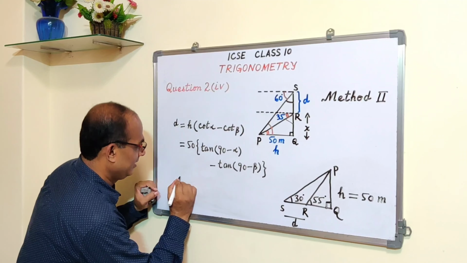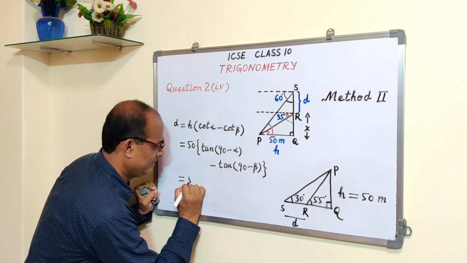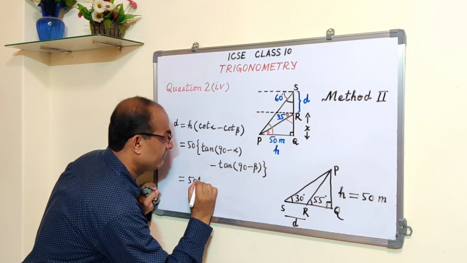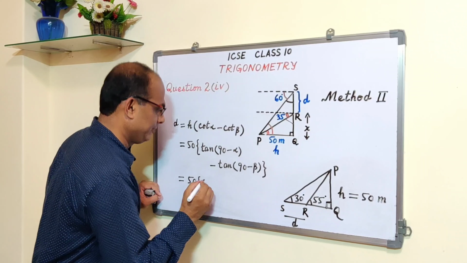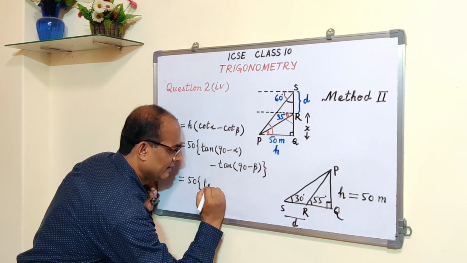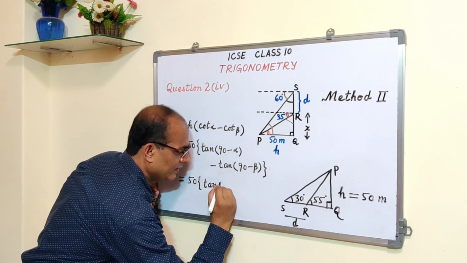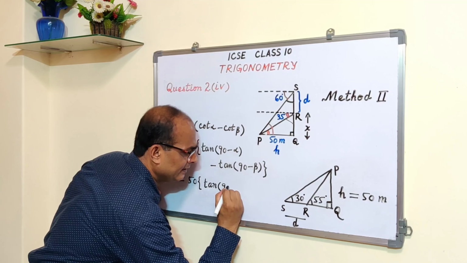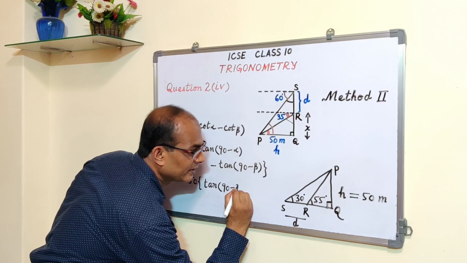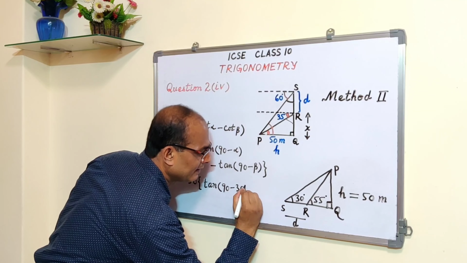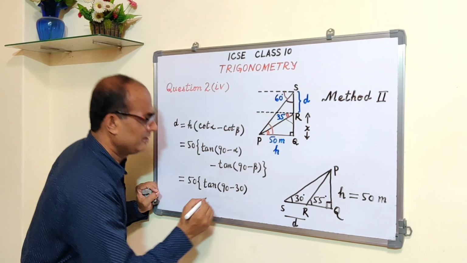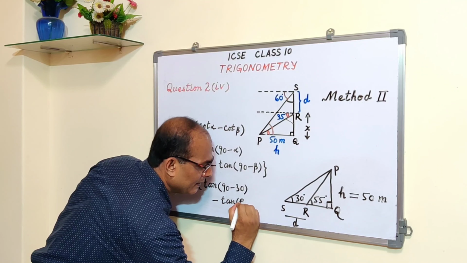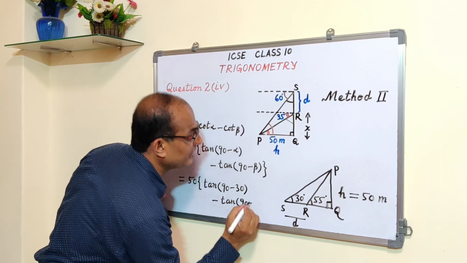So we write 50 as it is, and then after that tan 90 minus alpha, this is alpha, 30. Let me write down tan 90 minus 30, minus tan 90 minus beta.